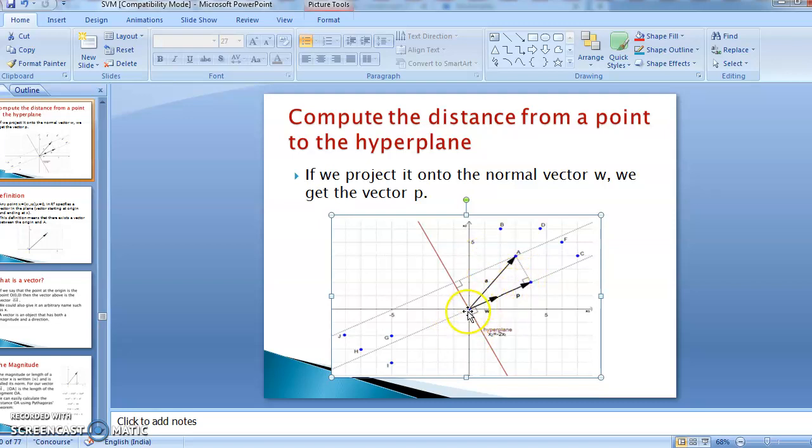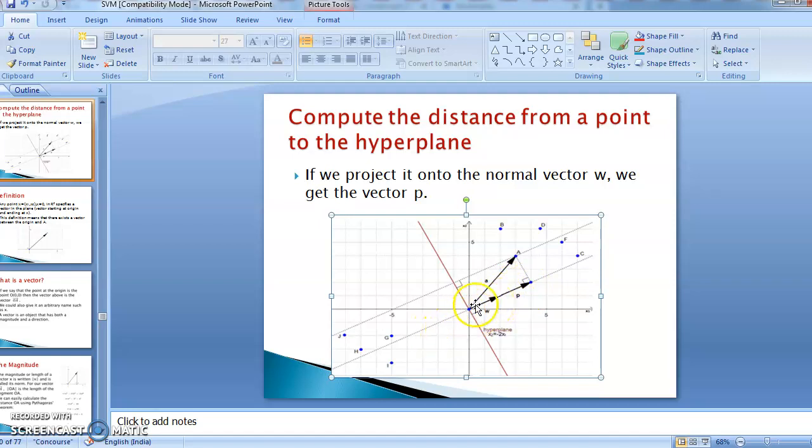So how can this distance be computed? You know that you have a w with you, and along the same line the same distance is there. So first of all you find this distance OW, and then again add the same distance to get the distance for the margin.